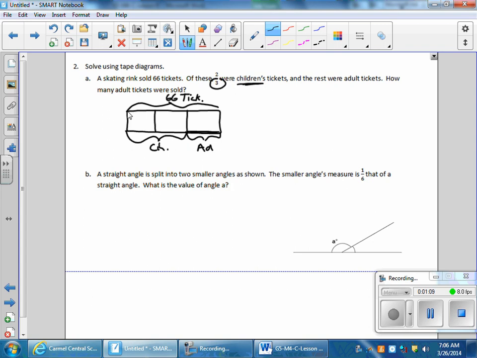Okay, well, 66 broken into 3 parts. If I need a standard algorithm, it is 66 divided by 3, which is 22. Each third is 22.